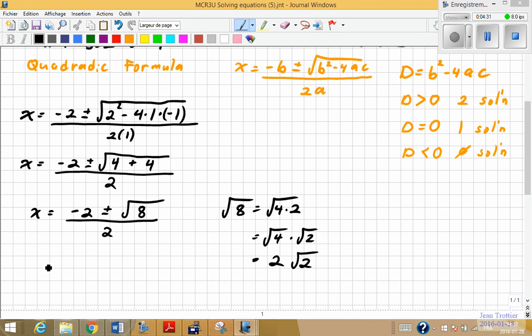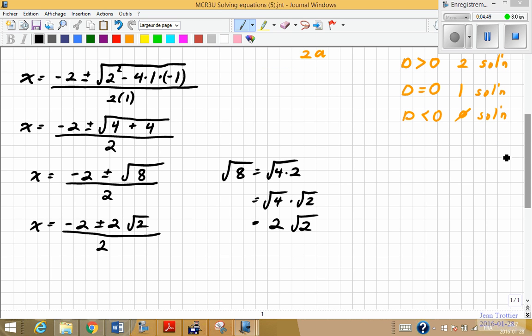So we can rewrite this as x equals -2 plus or minus 2 root of 2 over 2. And the 2 will simplify with the 2 terms, and we will be left with x equals -1 plus or minus root of 2.